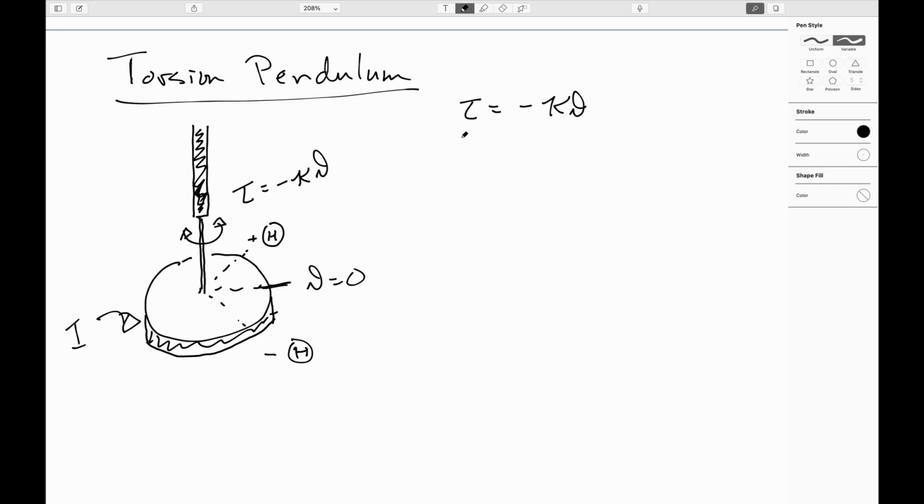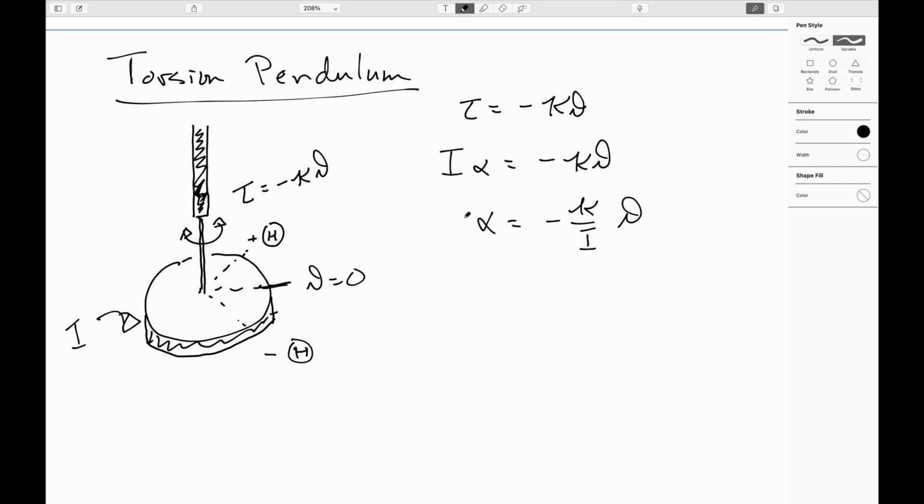And we know that by Newton's second law applied to rotations, the torque is always equal to I alpha. So we can rewrite this as alpha equals minus kappa over I times theta. Now, it might not look like it, but this is a simple harmonic oscillator.